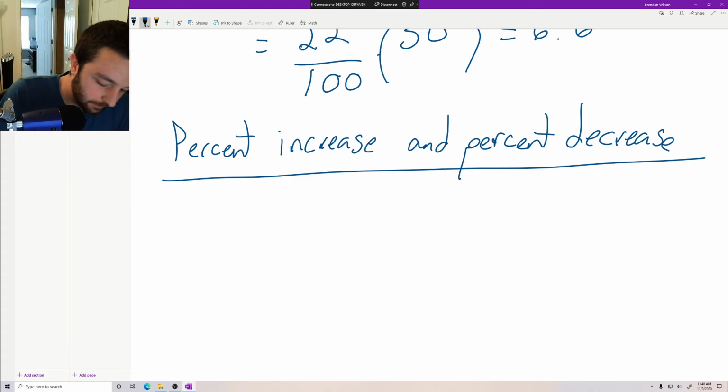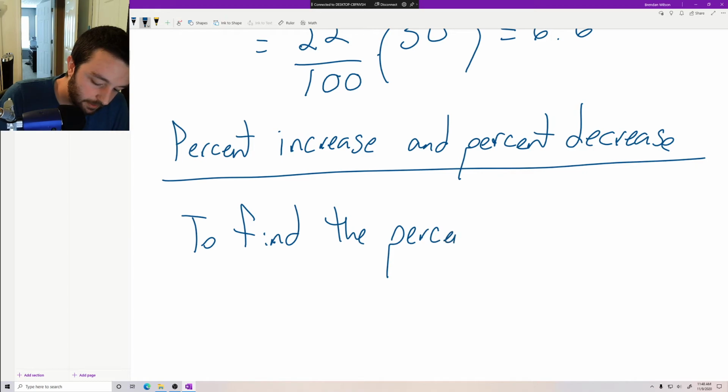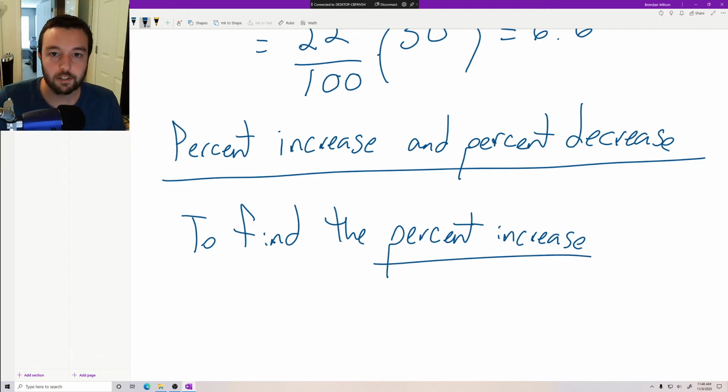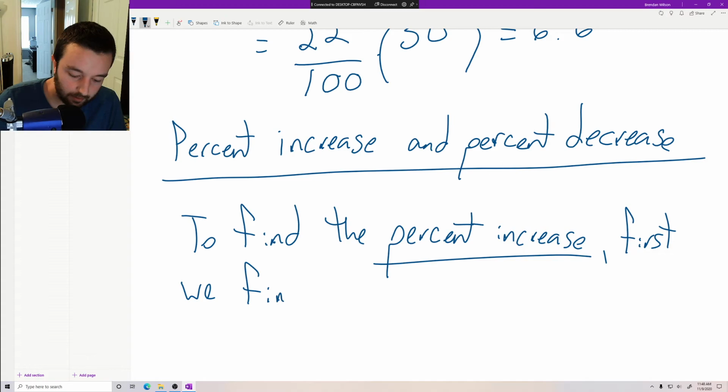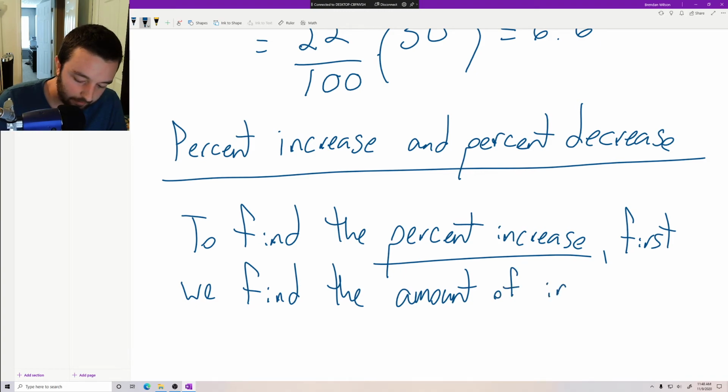So to find the percent increase, meaning by what percentage does this thing increase, first, we find the amount of increase.